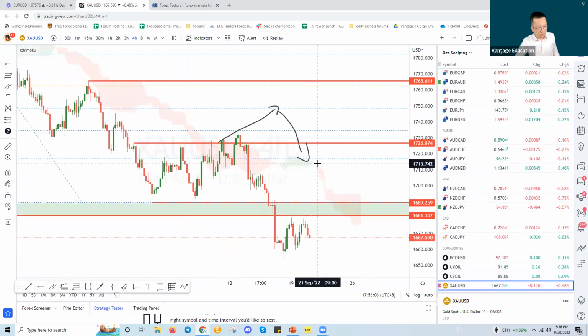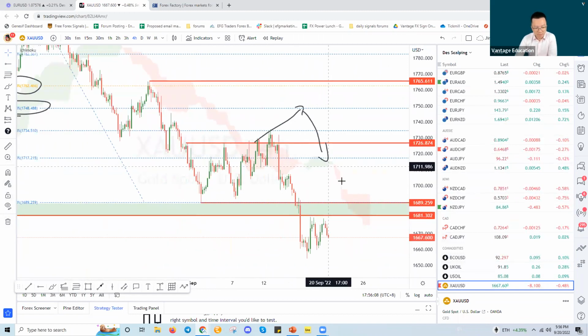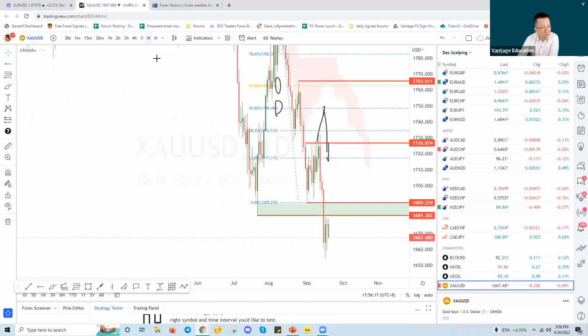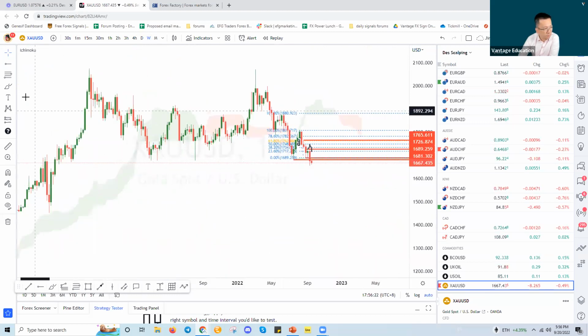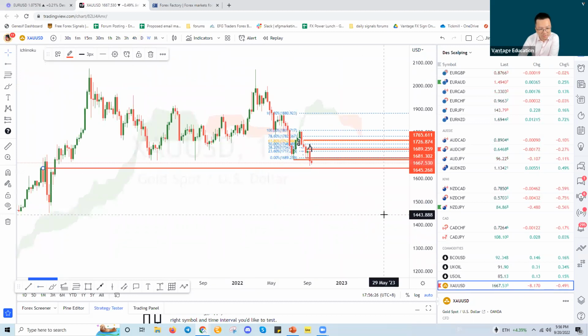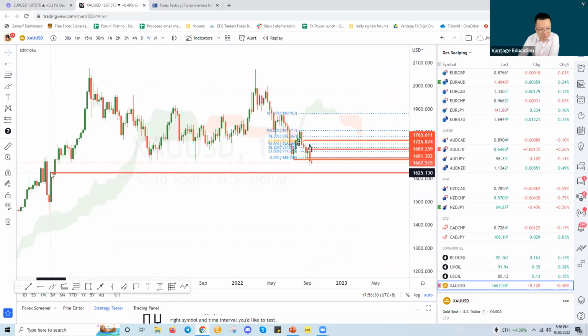Okay, so gold, we've been looking at it. 1680 was a key level that I've been talking a lot about for a long time. It finally broke. Now the question was, how low can it go? We went to the weekly time frame just to find that horizontal level was that 1645, right? The horizontal level at 1645 or even 1625.